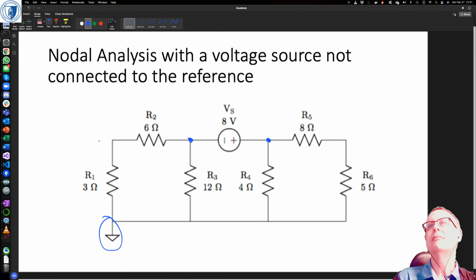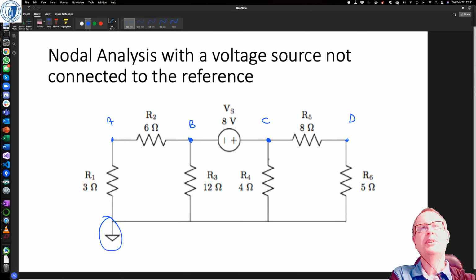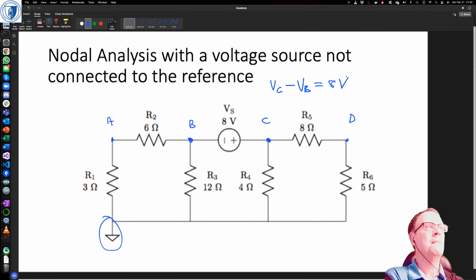Right? Let's just quickly, I won't solve this. I'll go through it in more detail next week. But the KVL equation we get from this is that VC minus VB equals 8 volts.